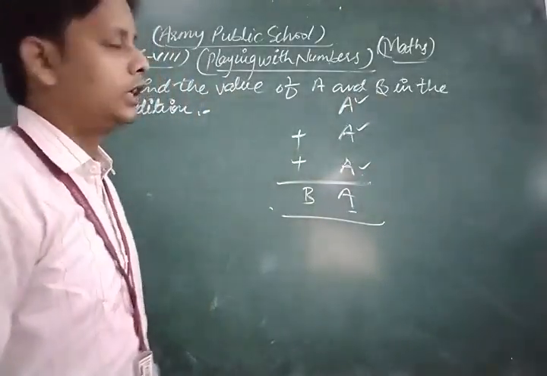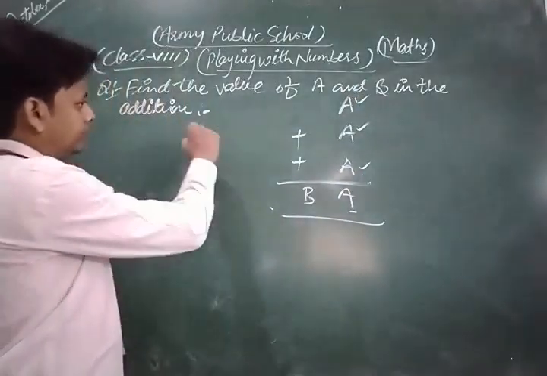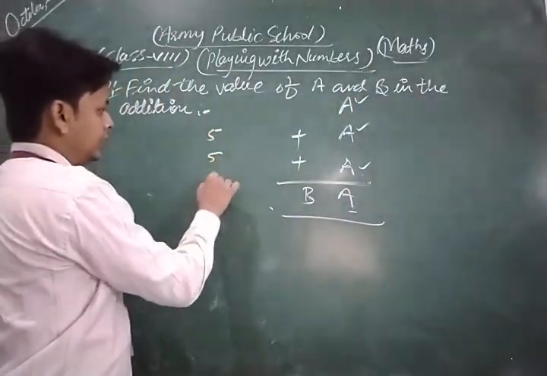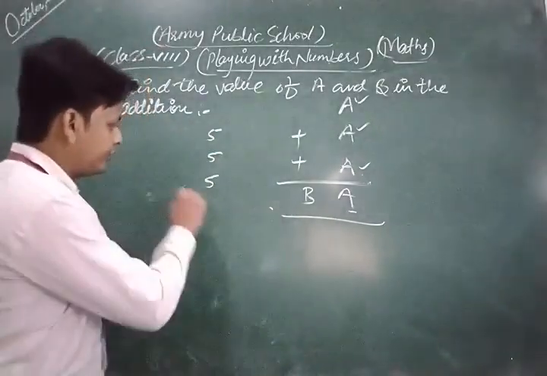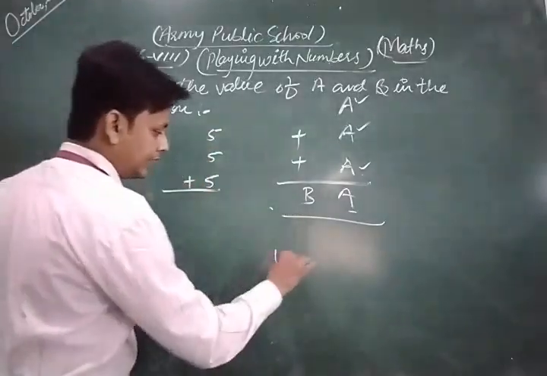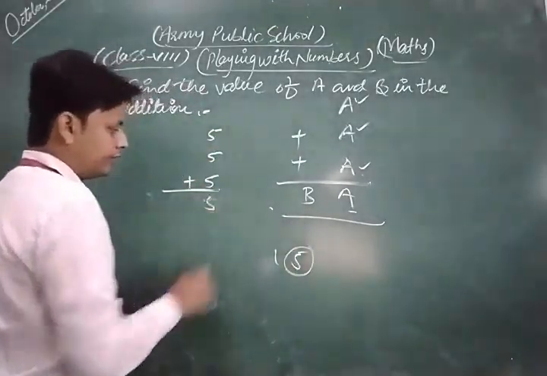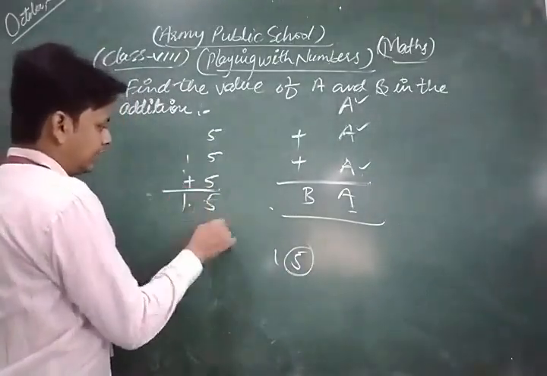Look, if we choose 5, 5 5 5, if we add 5 plus 5 plus 5, that is 15, so we write 5 carry 1, so here 1 is left, so here we write 1.